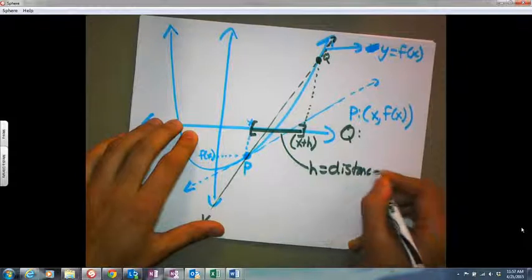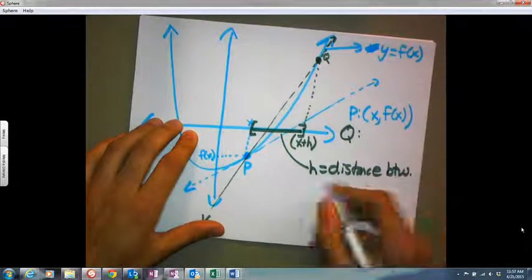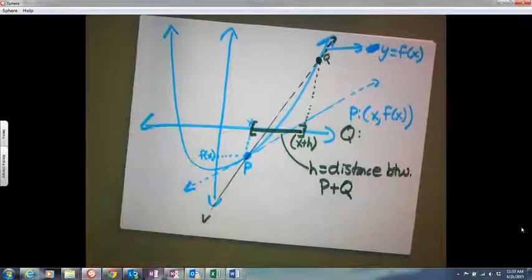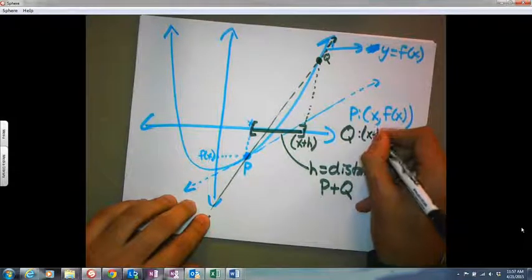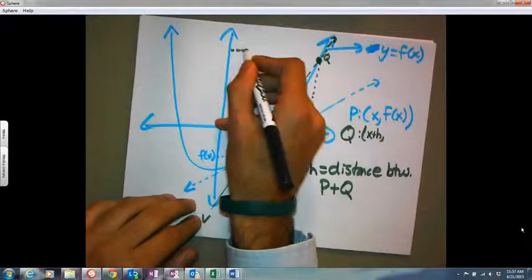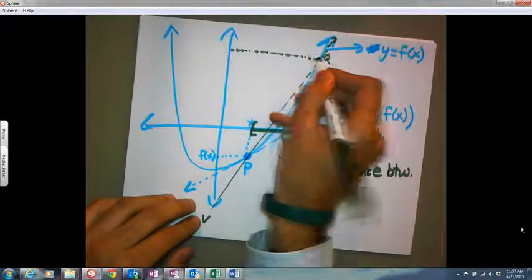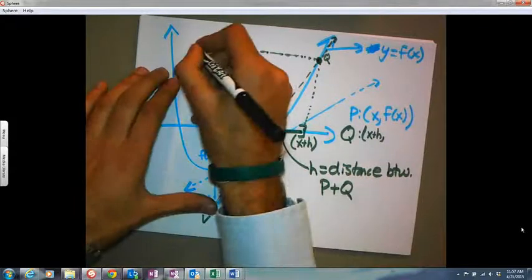So Q's x-coordinate is x plus h, and therefore the y-coordinate will be f of x plus h, right? You just take that and plug it into the equation, f of x plus h.